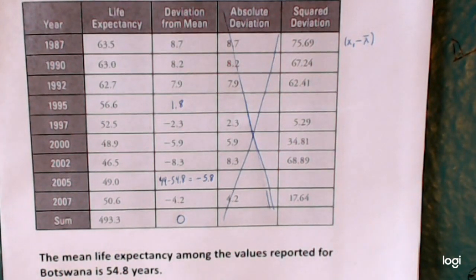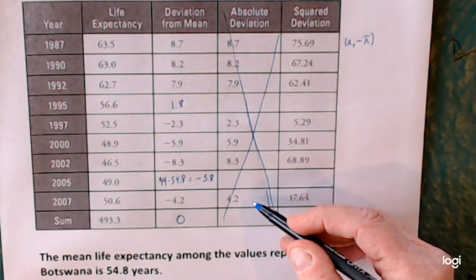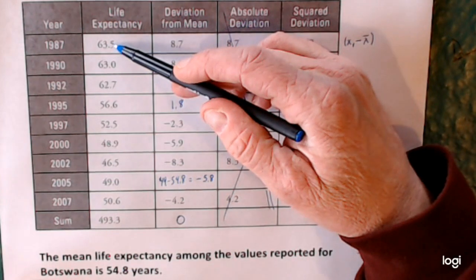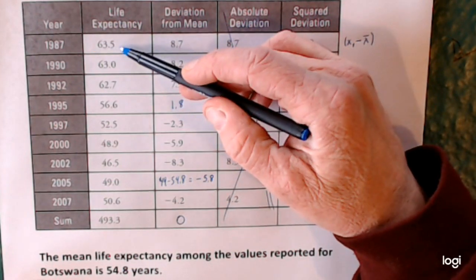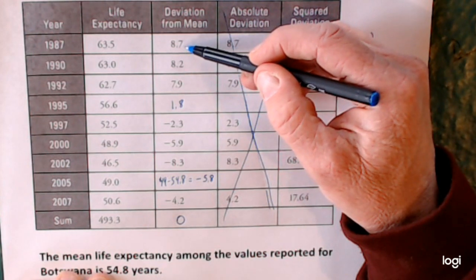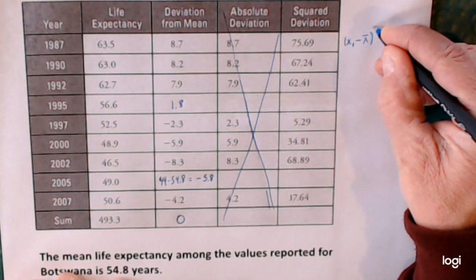Instead, what we're going to do is look at the squared deviations from the mean. So the way we'll make our deviations all positive, instead of taking their absolute value, is we'll square them. So here, for the year 1987, when the life expectancy was 63.5, that was 8.7 years above the mean. That was the deviation. We're going to square it, and we get 75.69.